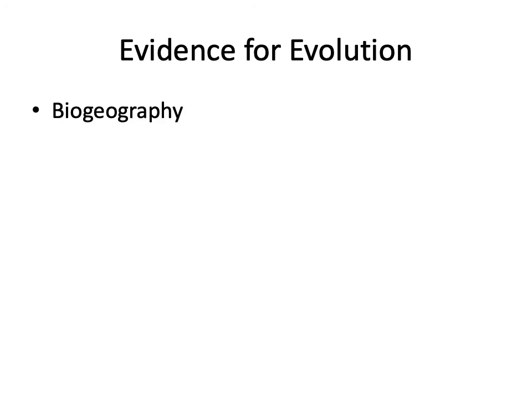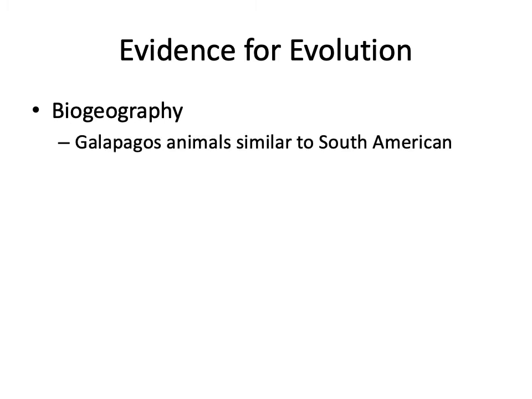Some more evidence for evolution is called biogeography. We look at maps, where islands and continents are, and we look at how they move around, continental drift, and we look at their climates, and we look at how living things are located on maps. For example, the organisms on the Galapagos Islands are similar to organisms in South America.